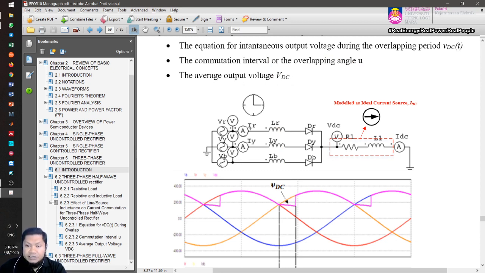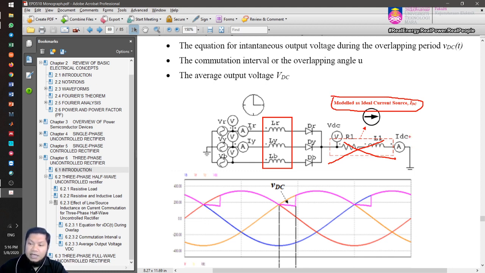Okay, so this is the circuit again. This is our main circuit. We add this source inductance before the diode, and then this will be replaced. We're going to remove that and replace it with a constant current IDC, and the output current is ripple free, a constant current.